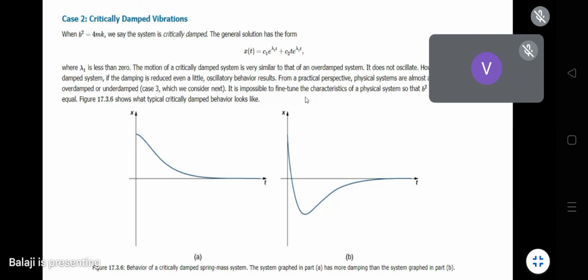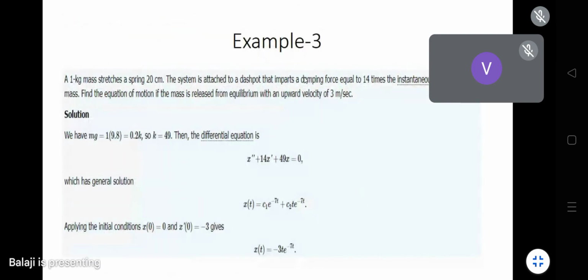How do we get the results and what are the solutions? Critically damped vibration is also present in your second order differential equation. Next, take one example, solve it and find the result. Because the roots are the same type, the critically damped vibration is possible.